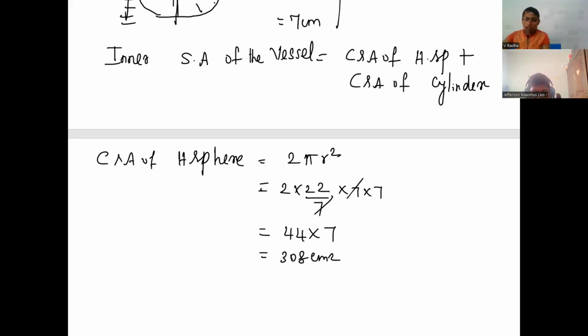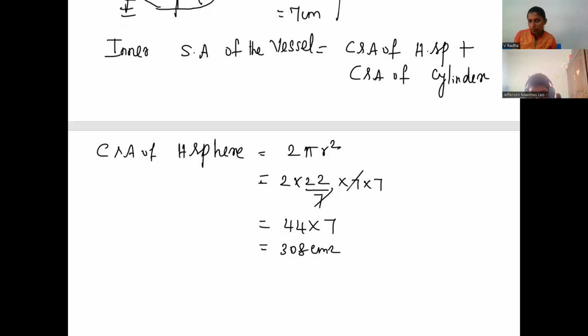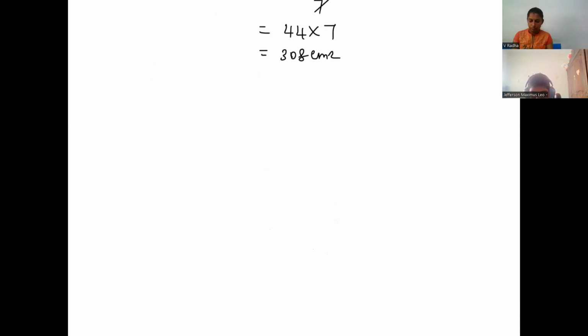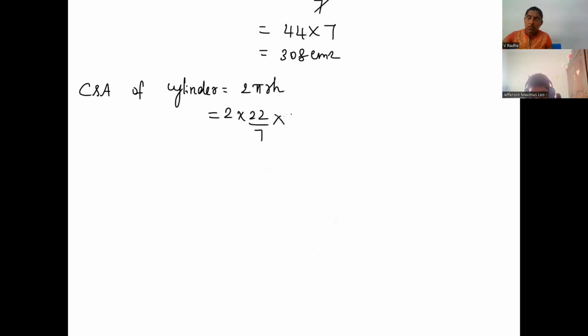Now, CSA of a cylinder is 2 pi r h. Okay, ma'am. So 2 pi is 22 by 7. R is 7. Height is also 7. Correct? Yes, ma'am.